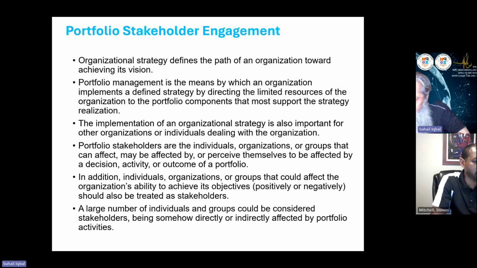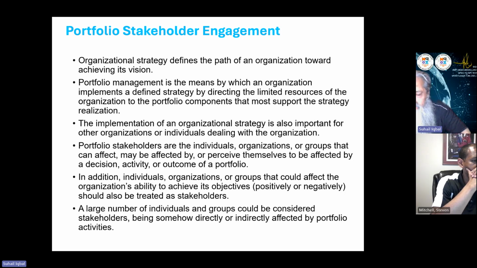Now, let us justify this according to this definition. Anyone and everyone could be an individual, a person, or a group of people, or a whole organization. Especially in the case of a portfolio stakeholder, it could definitely be the whole organization.